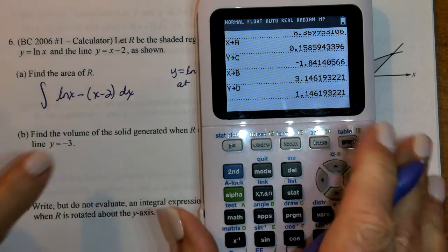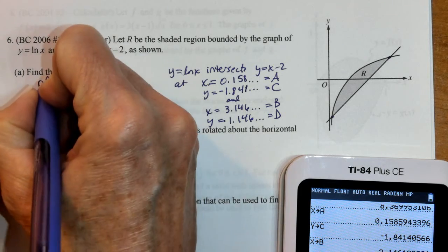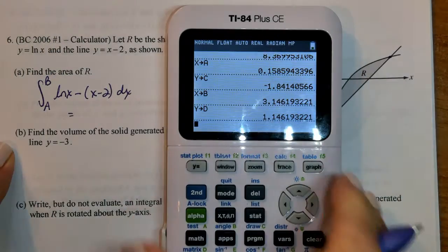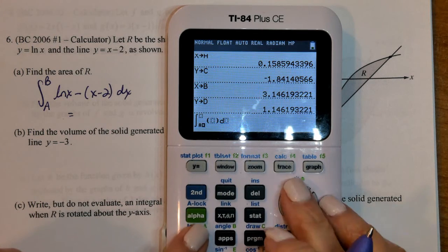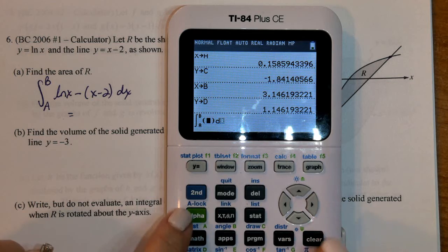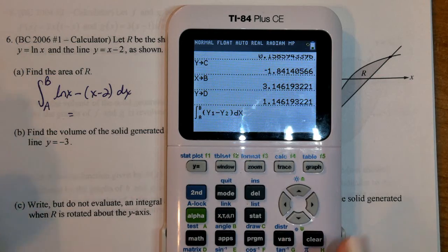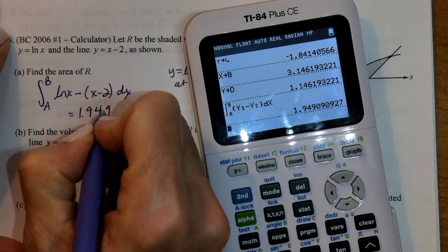So this area of R, the way I've set it up, will be the integral from A to B of that. We actually have to find it, so to our home screen, integral A to B, the top curve minus the bottom curve, dx. 1.949.